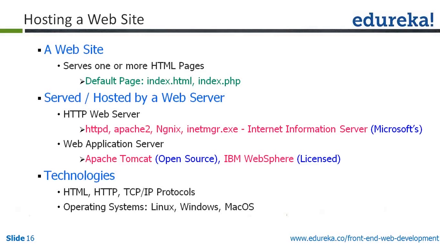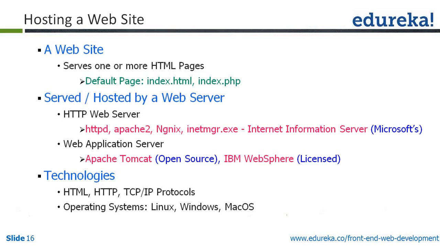The web server could be a simple HTTP web server, depending on which operating system you are running. It could be a process named HTTPD or Apache2, Nginx, or Internet Information Services manager, which is a web server from Microsoft.